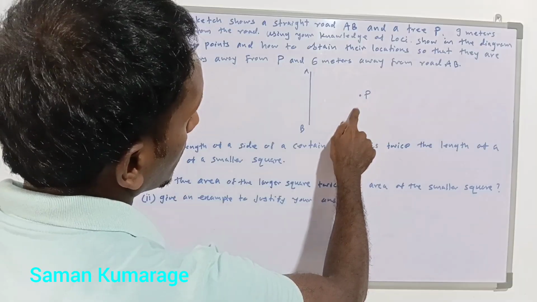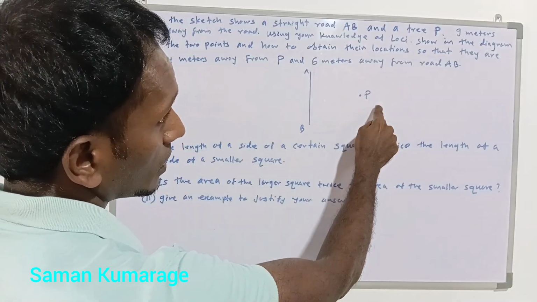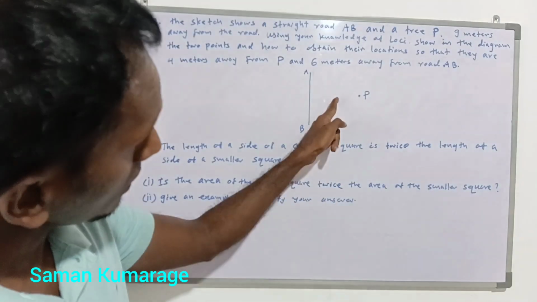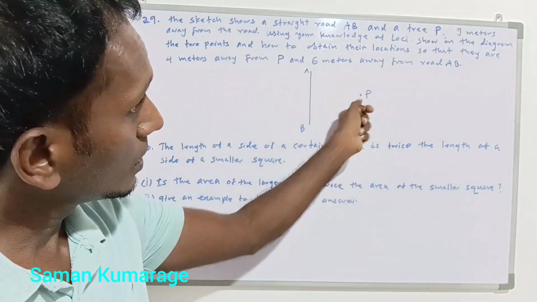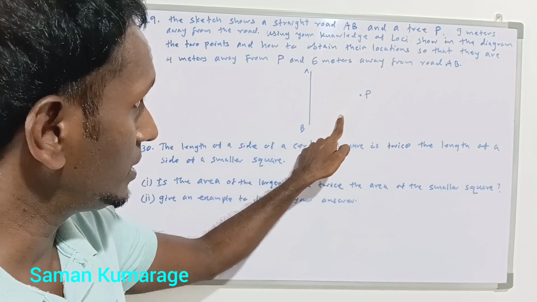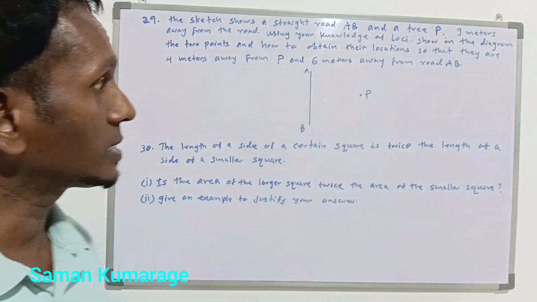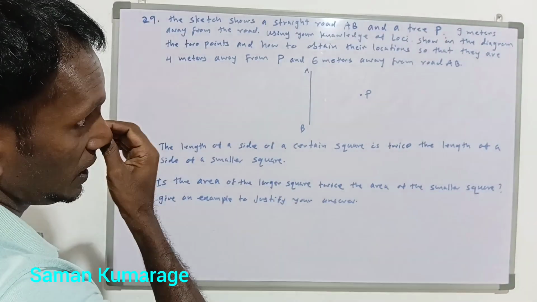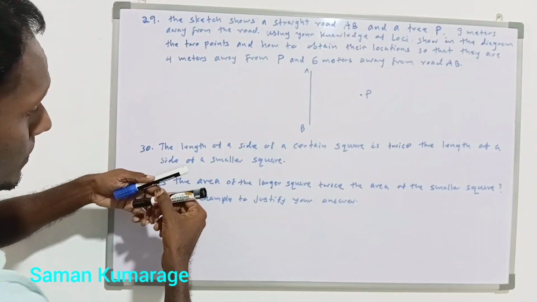And the locus we have studied based on a point says the locus of points running at a constant distance is a circle. So using these two types of loci we can solve this problem.